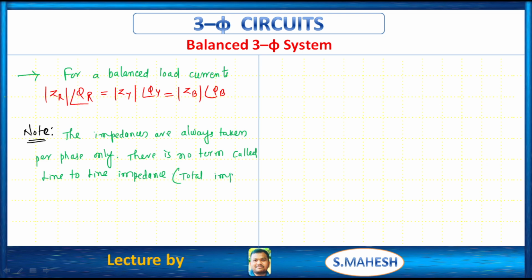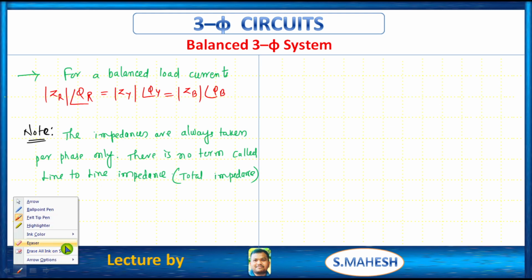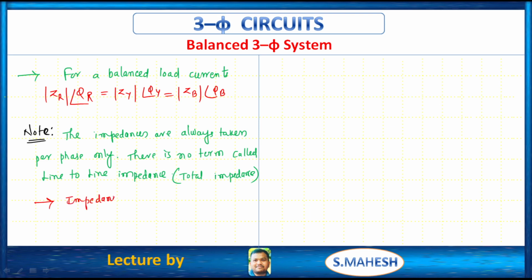Total impedance. Only we have what? Impedances are always per phase only. That's it. Because this is the perfect analysis.